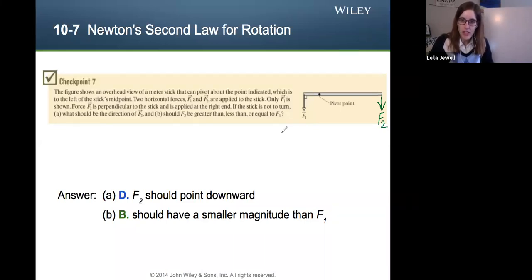Well, the key is that the stick is not to turn. For the stick to not turn, that means that our angular acceleration must be equal to 0. And based on Newton's second law for rotation, the net torque also needs to be equal to 0. Well, we have a torque from force 1 and from force 2.